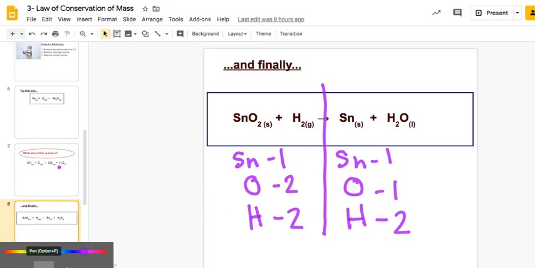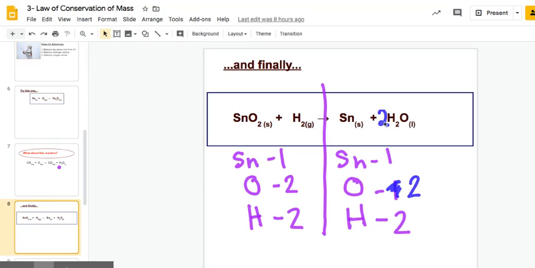Okay, so that means my tins are balanced, my oxygens are not, but I'm going to leave it till last. My hydrogens, okay, so it means I get to go to my oxygens. 1, 2. If I put a 2 in front of this one, my oxygens are now at a 2.